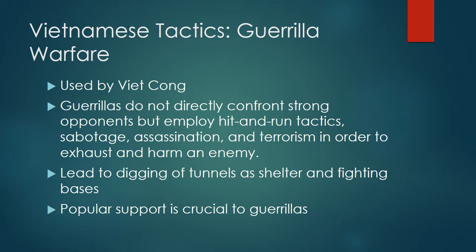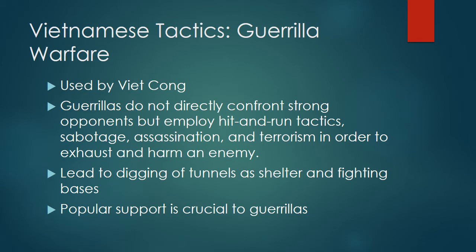One of the most common tactics employed in guerrilla warfare is not to directly confront strong opponents equipped with advanced military technology and weapons, but rather to employ hit and run tactics, and that also involved sabotage, assassination, and terrorist activities in order to hurt the morale of the enemy.